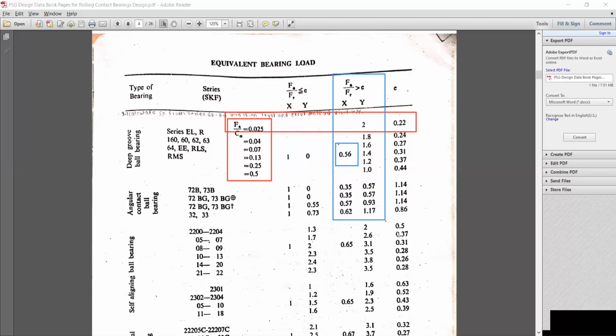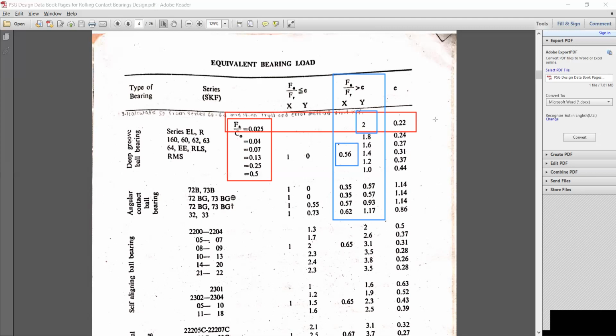Now we need to choose the value for Y. As we have already found the value of e, we need to refer to the same row to calculate the value of Y. Here in this column we find the value of Y is 2. So the final values are, for X it is 0.56 and for Y it is 2.